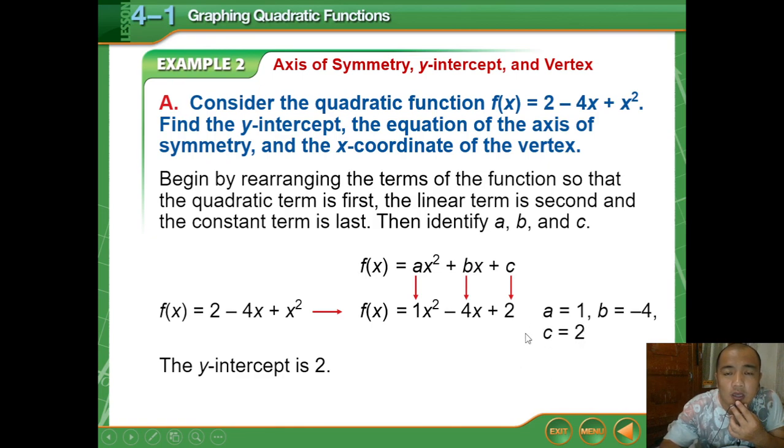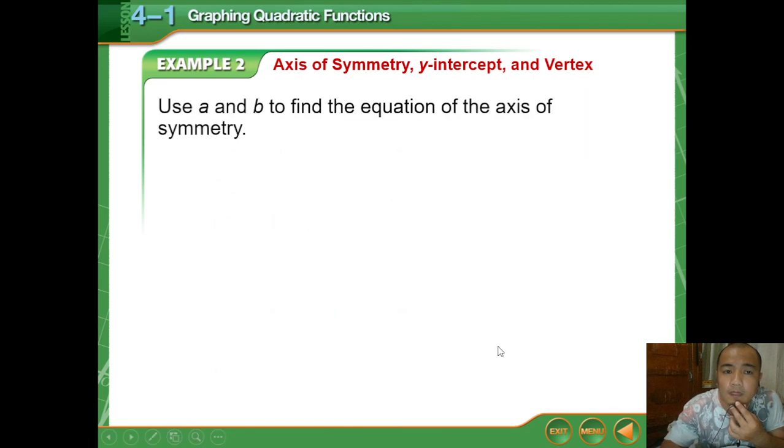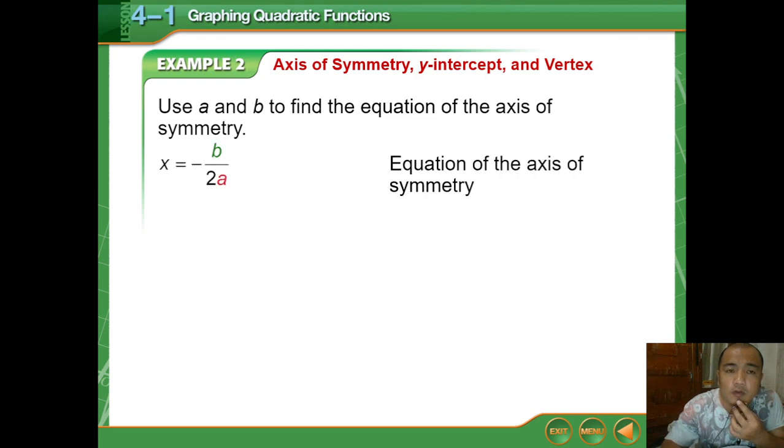So when the quadratic function is in its general form, we can immediately determine its y-intercept, the value of c, which is 2. Now, use a and b to find the equation of the axis of symmetry. x equals negative b over 2a is the equation for the axis of symmetry.